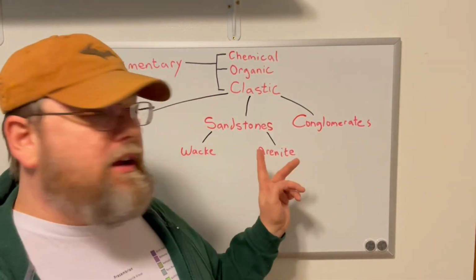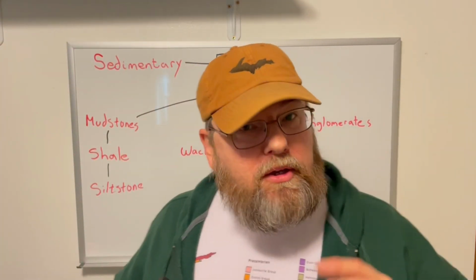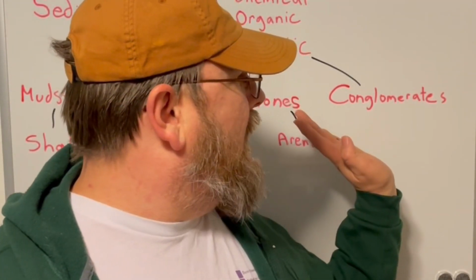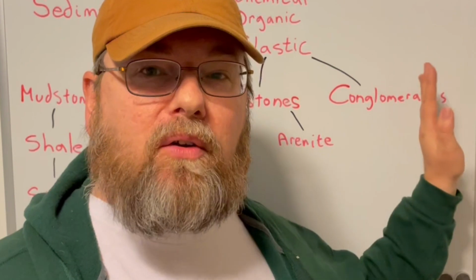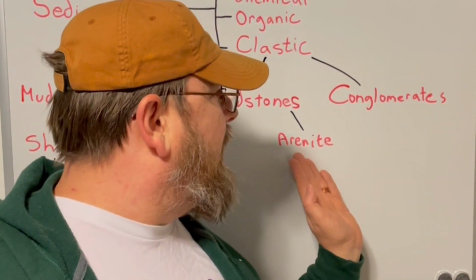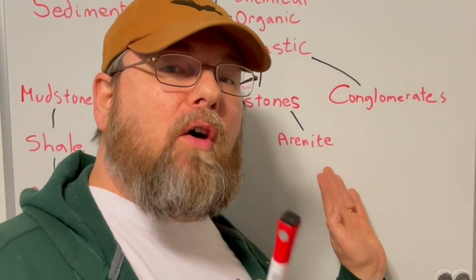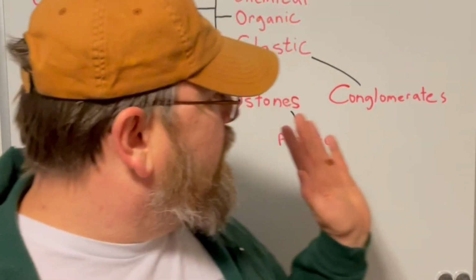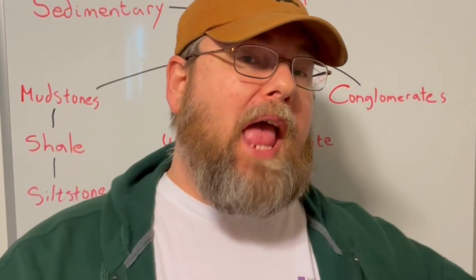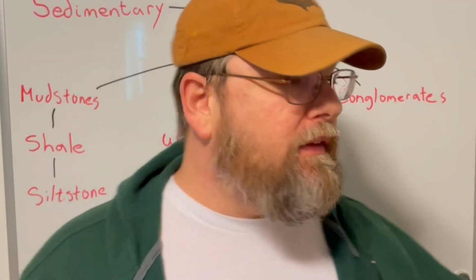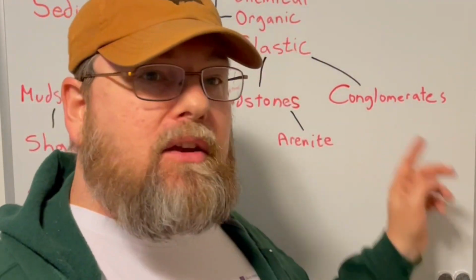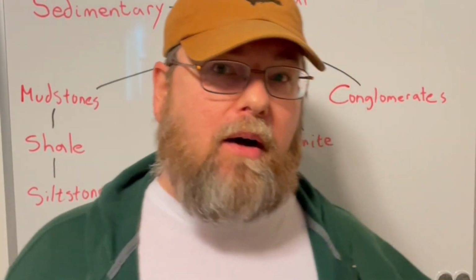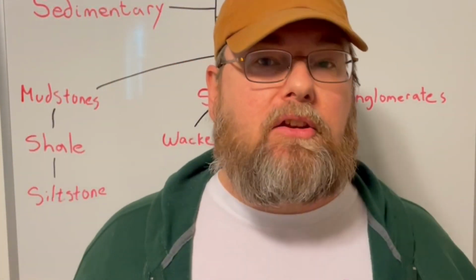Those are your Erenites. Now, we don't have anything for an Erenite that has a lot of pebbles and granules in it, because you get to a certain point and that Erenite is going to become so full of coarse particles that it's going to become a conglomerate. So remember, the reason why we do these by grain size is so you can kick it to where you need to with no questions asked if it becomes past a certain percentage point.